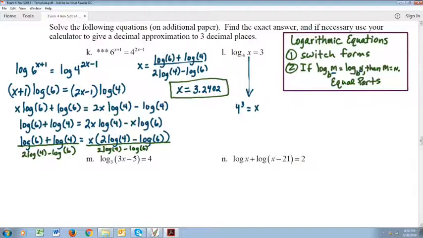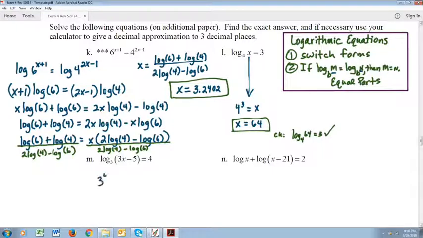And notice how simple this is now. This is just 64. So easy to check this, right? We could just plug in 64 and you can see log base 4 of 64 does equal 3. Certainly if we wrote it in exponential form, we would have 4 cubed equals 64. So anyway, that does check.